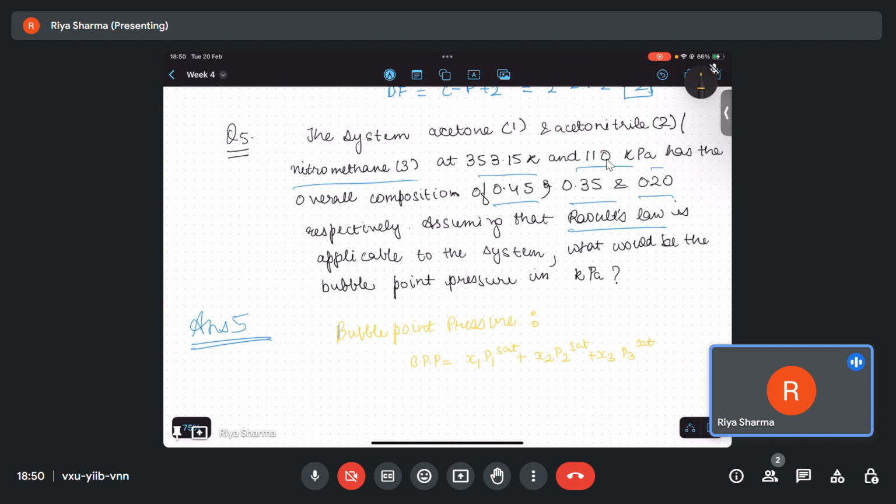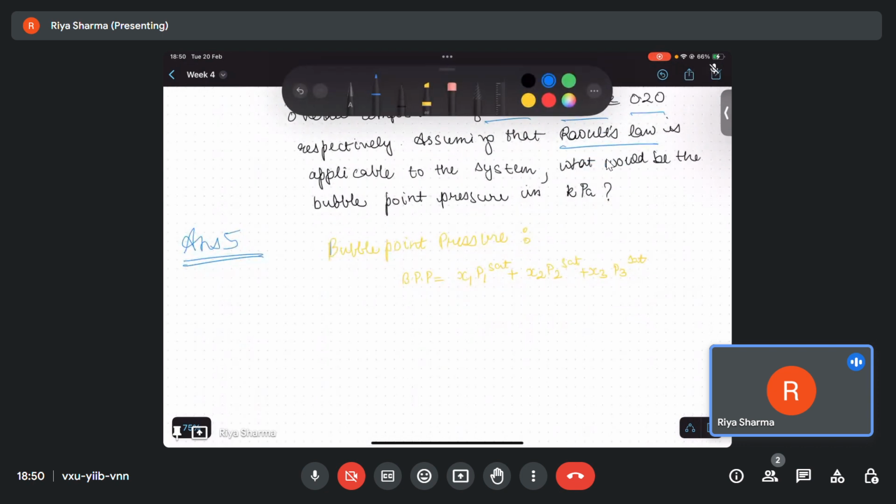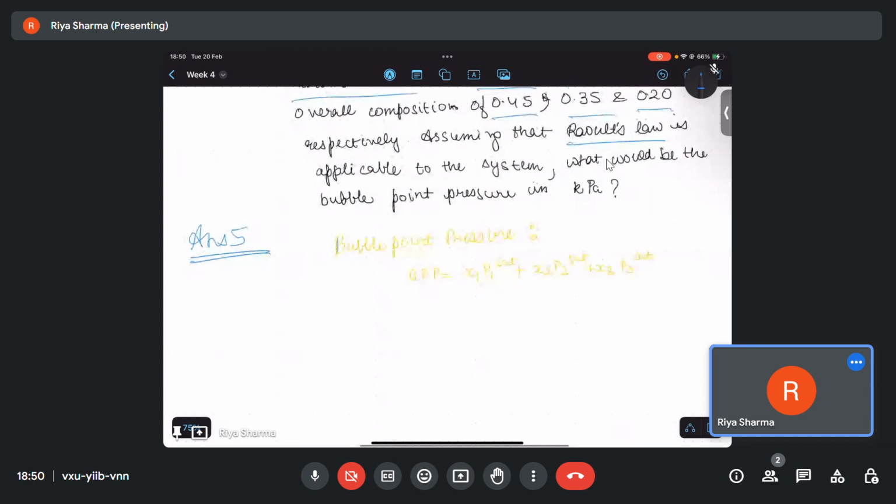So from the steam table, we know that P1 sat at 353 Kelvin and 110 kilopascal, P1 sat of acetonitrile basically, acetone, is equal to 195.75 kilopascal.